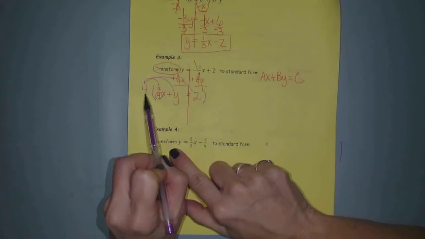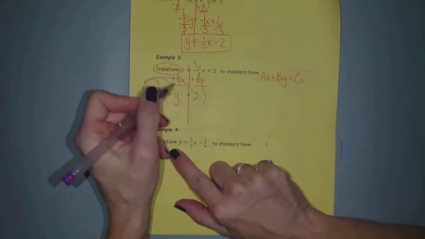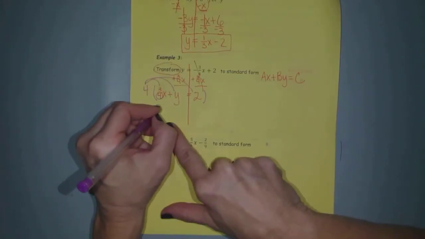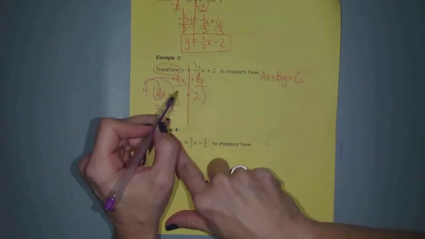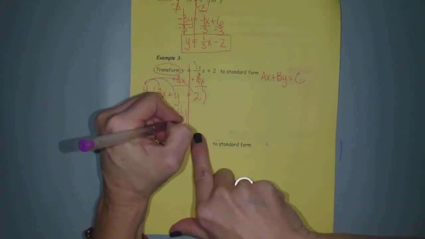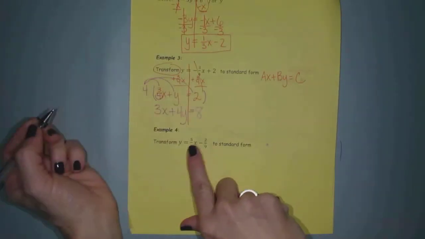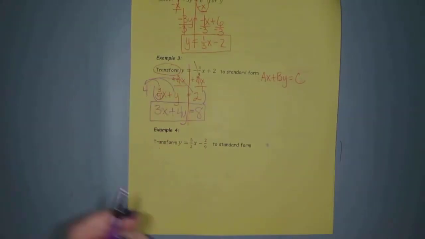So 4 times 3/4, if you put that in your calculator or do it in your head, these 4's cancel out and you have 3x plus 4 times y is 4y, and 4 times 2 is 8. And this is standard form.